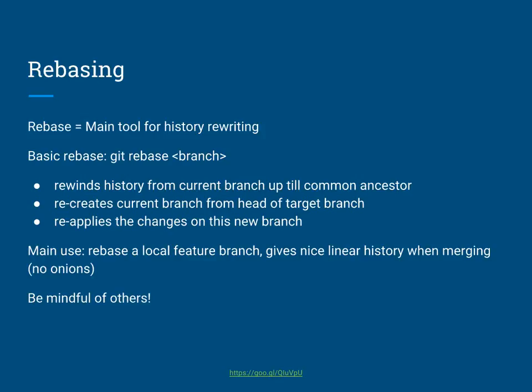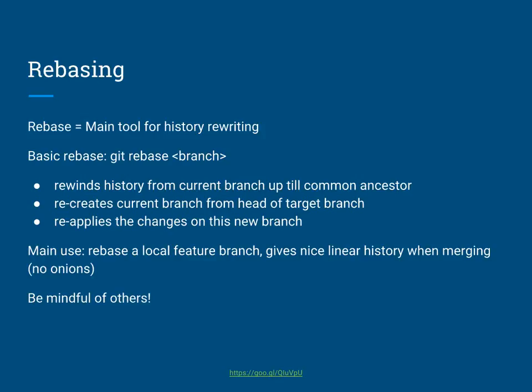It will detach this part from the part where they originally split off. It will take those changes, put them somewhere aside for you, and then one by one it will reattach these changes from the branch you are rebasing onto the head of your target branch. So it used to be split off here, and now it will be attached right here.